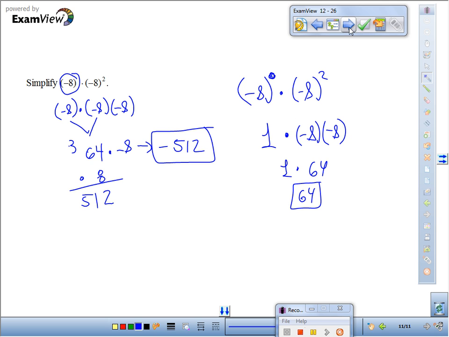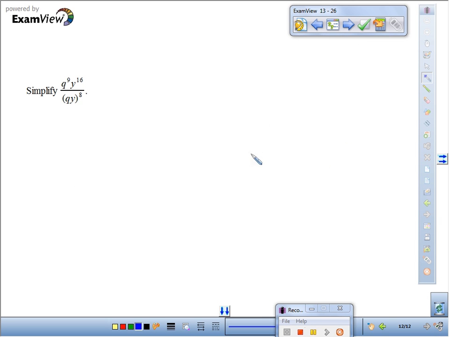Number 13. I'm going to rewrite this one because I want you guys to see it. Q to the 9, y to the 16 over parentheses q, y, close parentheses to the 8. So this one, what we need to do first is distribute this exponent inside the parentheses so we can get rid of the parentheses.